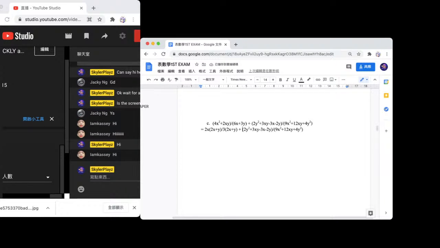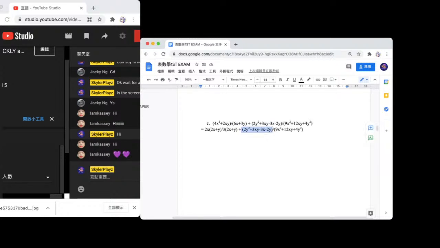For this, we can apply the cross method. We can group 3xy and negative 3x into one group, and 2y squared minus 2y as the second group. After we do this, we can factor out y as the first, we have 2y and we get y minus 1.